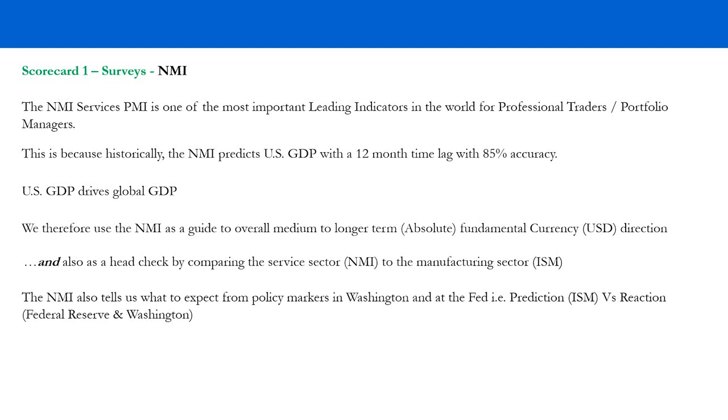So when you think back to our overall idea generation process, this is how it all works. Basically, what we're trying to do here is we're starting to look at drivers in an endogenous manner, drivers that tell us what will likely occur in the future. And here we're looking at our first set, which is surveys.